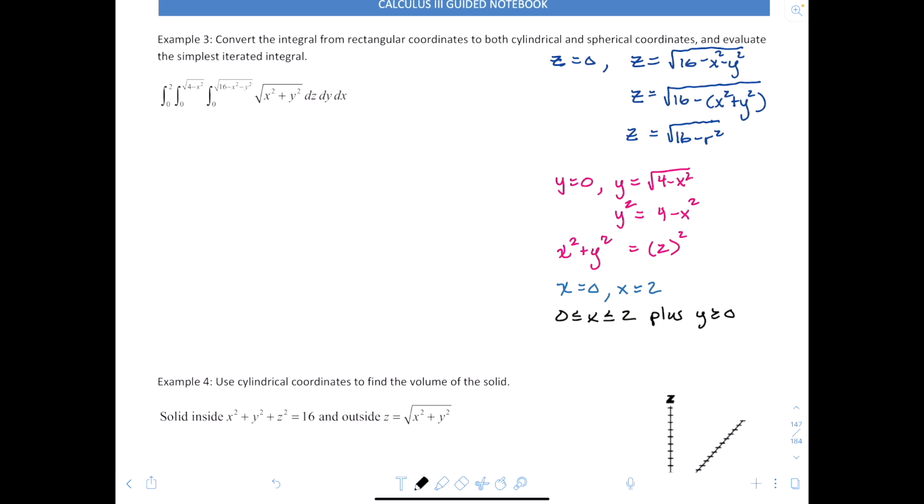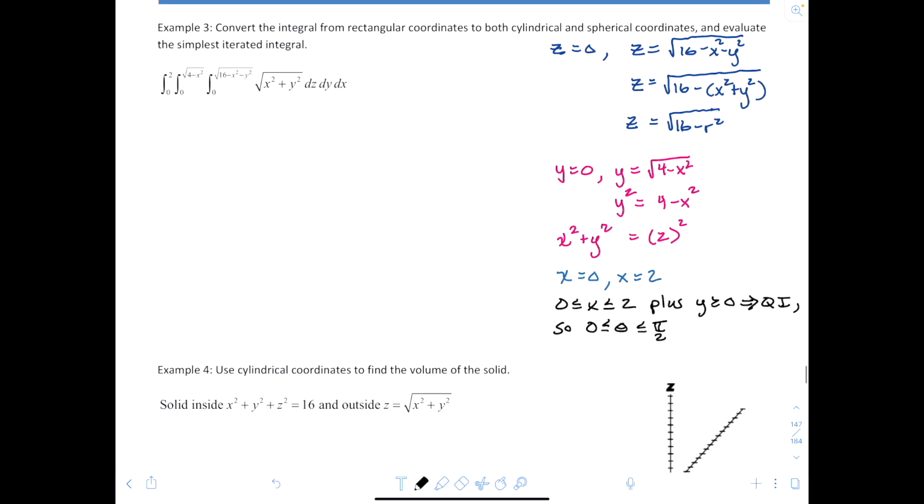Those two portions tell us quadrant 1, right? And so that means that 0 is less than or equal to theta, which has to be less than or equal to pi over 2. Cool?